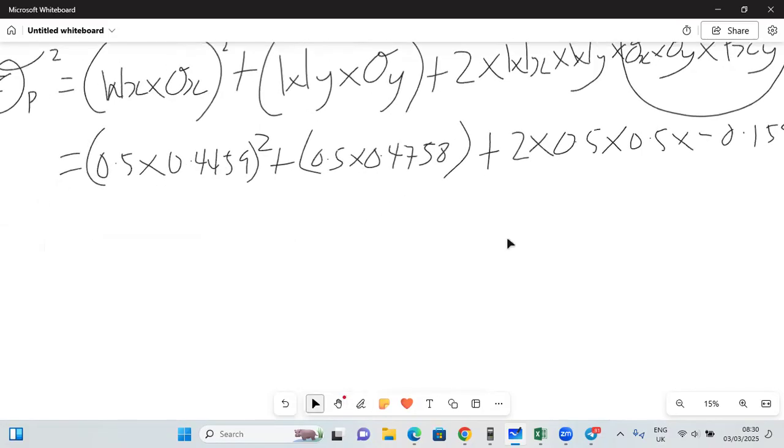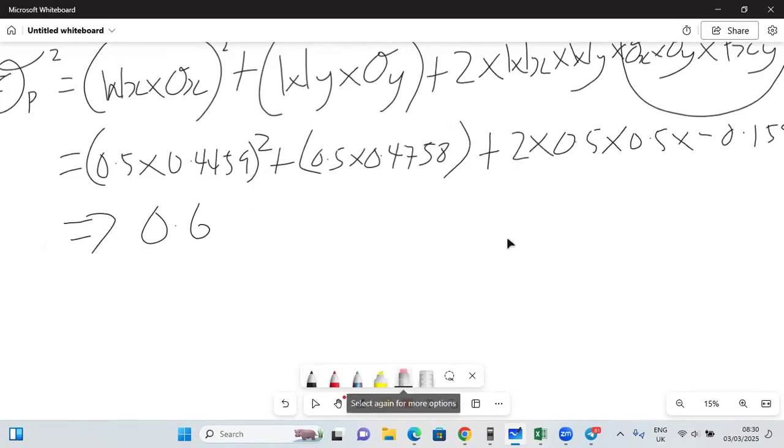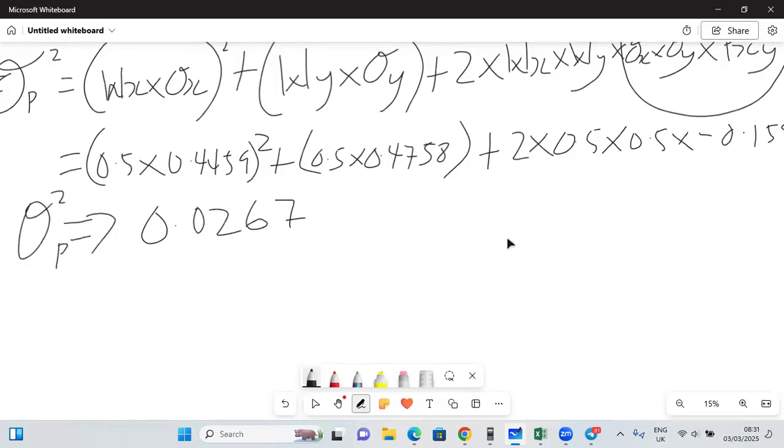So we do all this and we are going to get 0.0267, and that's the variance. If you want to get the standard deviation, it's going to be taking the roots of both sides.